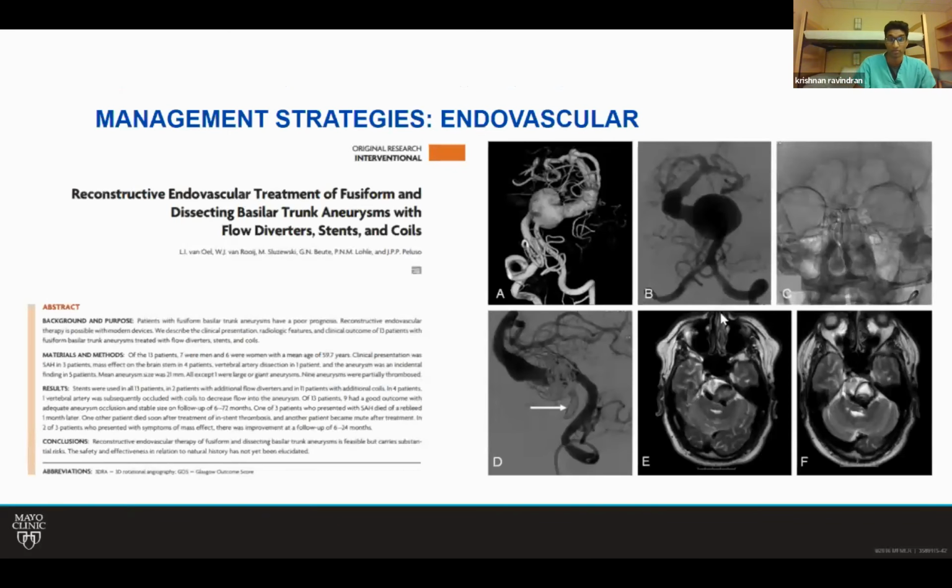Some of the other reconstructive strategies have been a combination of flow diversion with adjunct coiling, combination of stents with adjunct coiling, but ultimately what has been seen over the last few years is that these devices are associated with elevated risk of ischemic morbidity and often don't necessarily address the fundamental issue with flow coming at the cost of thrombosis.